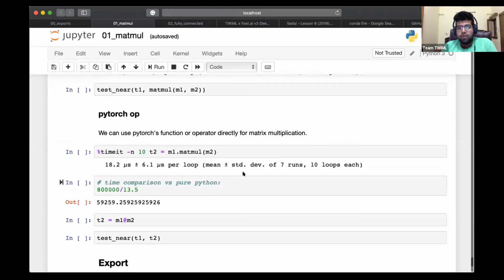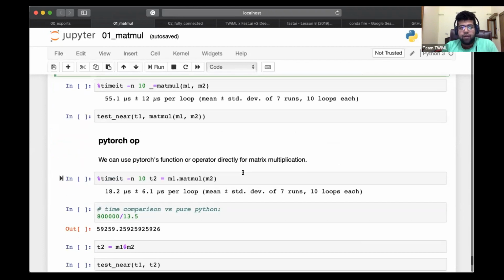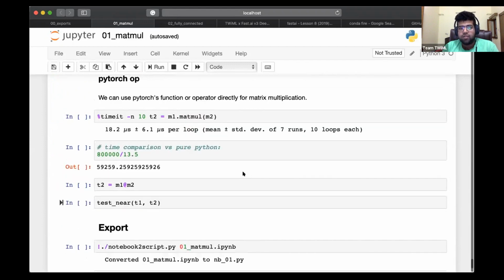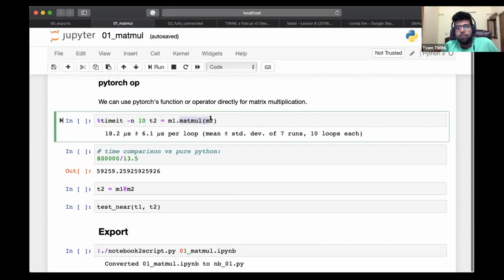Finally, we get to PyTorch, which is about 50,000 times faster. So we just do matmul, m1.matmul(m2), which calls a PyTorch function. And this is the fastest we were able to get.